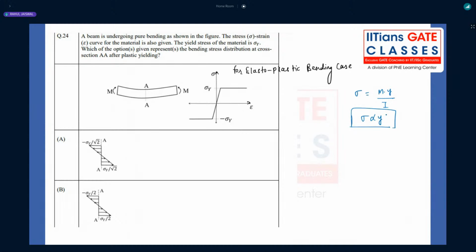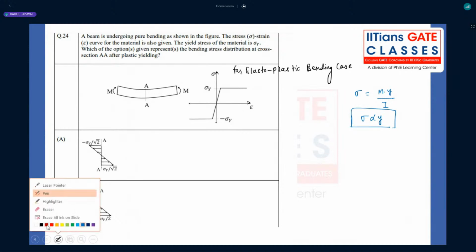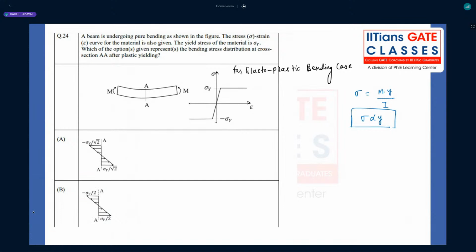So one thing you should understand is that as we move away from the neutral axis, the bending stress keeps on increasing. That is the first thing.